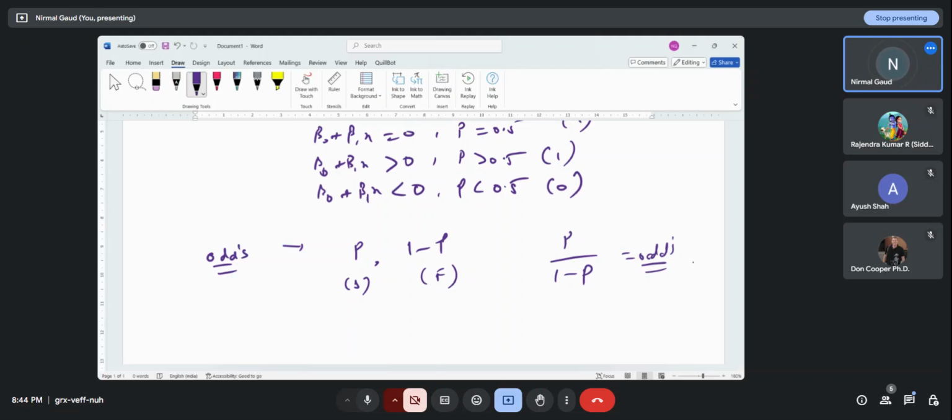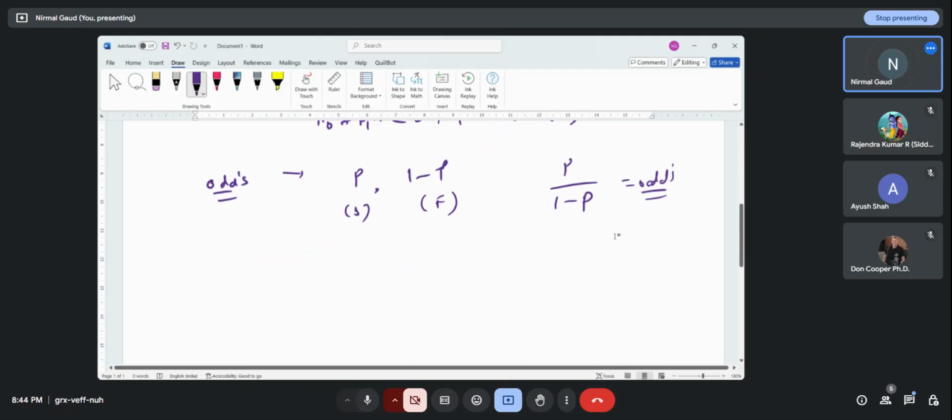The next, odds ratio. What is odds ratio then?